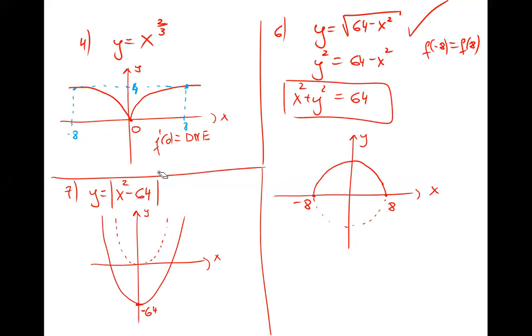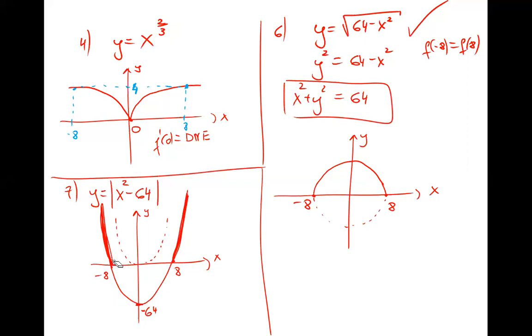Now, taking the absolute value, what happens? The values that were positive will stay, because the absolute value of a positive number is the same number, right? And this is, of course, negative 8 and 8. We know that. Okay. That means the absolute value of positive numbers are positive numbers.